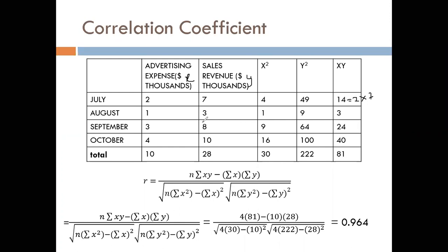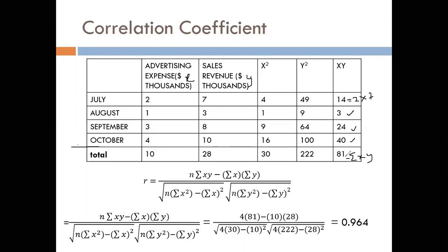Then you do the same here: 1 times 3 gives 3, 3 times 8 gives 24, 4 times 10 gives 40. I think it ends at October. So this is for the total. Then you find the summation, so this quantity here is summation xy.